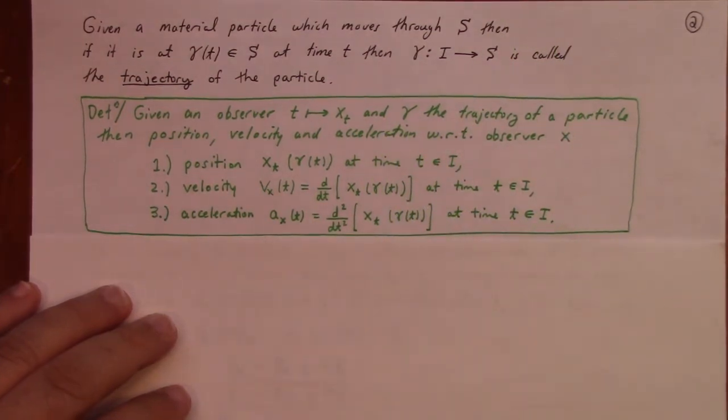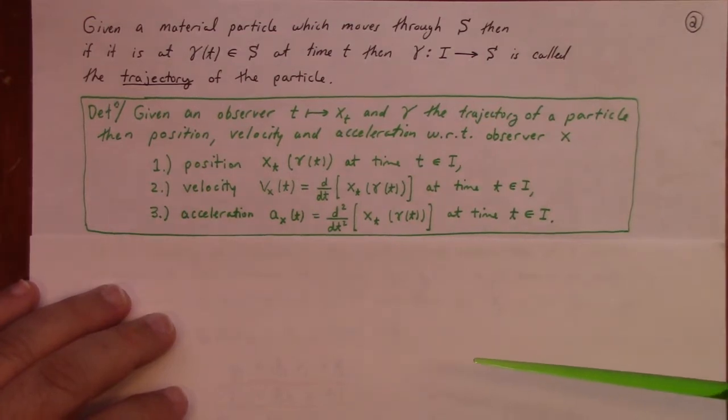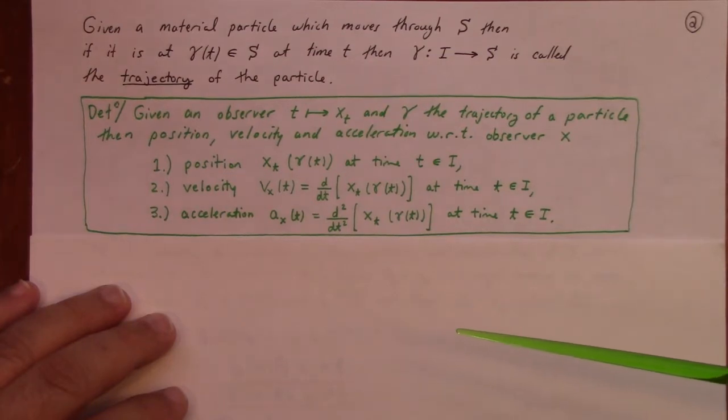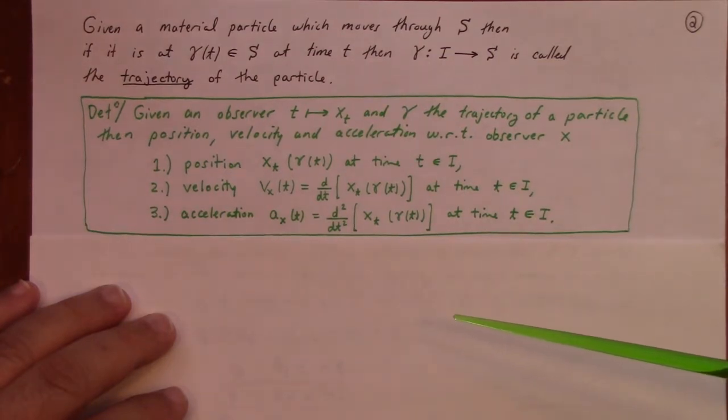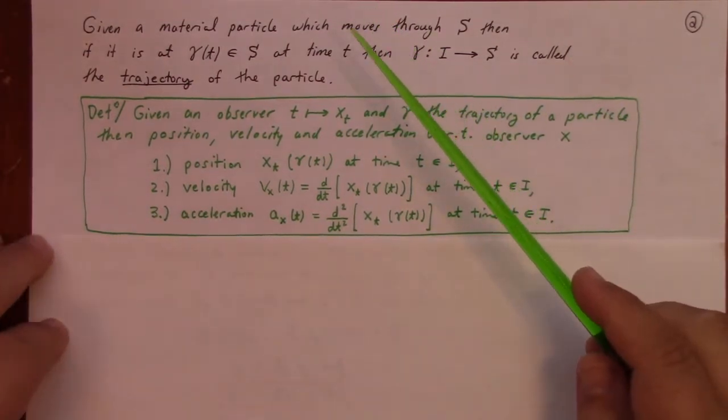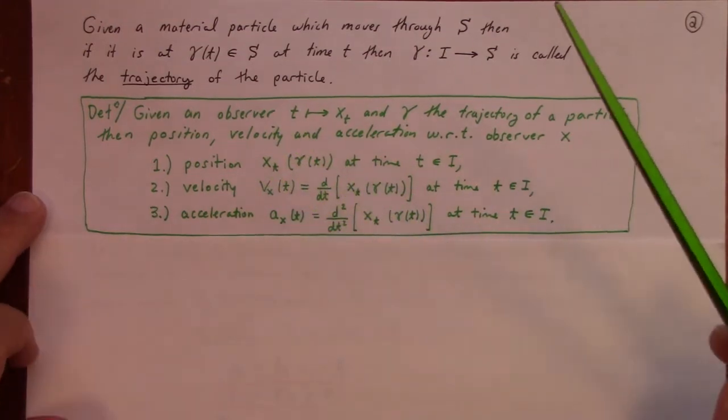And so that immediately begs the question, what are the allowed coordinate systems, right? Because you can quickly find out that if we measured position, velocity, or acceleration of a trajectory with respect to a different coordinate system, then we get a different velocity, position, or acceleration. So if we're going to compare results for different observers, then how do these compare? These are natural questions that we should ask when we're thinking about position, velocity, and acceleration.